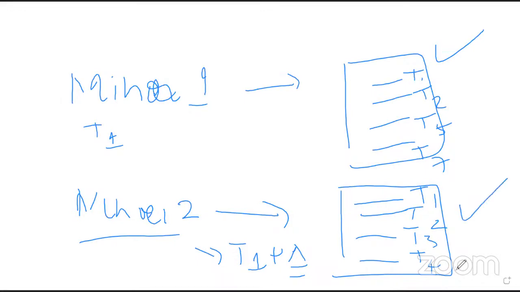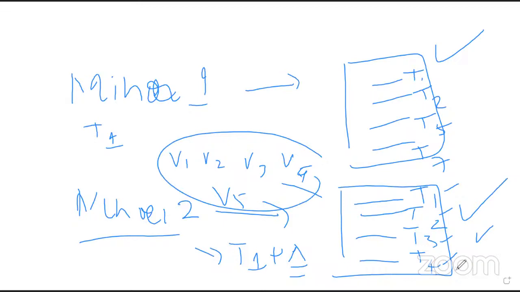So those validators will start validating the transactions T1, T2, T3, T4 for miner 2. Suppose these are validators V1, V2, V3, V4, V5; these 5 validators have started validating the block created by miner 2.